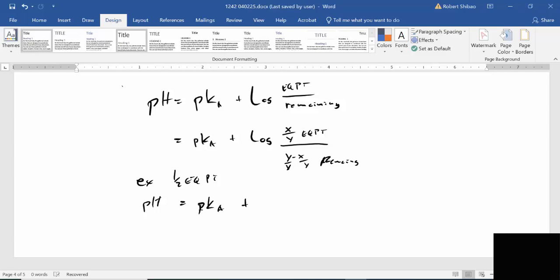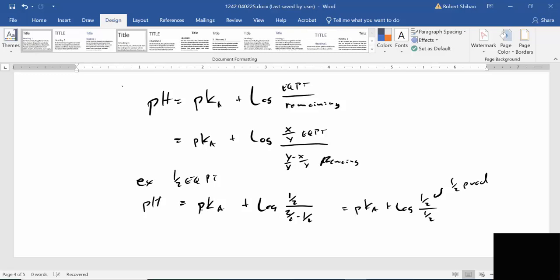The pH at the half equivalence point is equal to pKa plus the log of... okay, what I did was I converted 1/2 of my acid into conjugate base, and that means I have 1/2 left over. So this is going to be pKa plus the log of 1/2 product, 1/2 unreacted reactant.